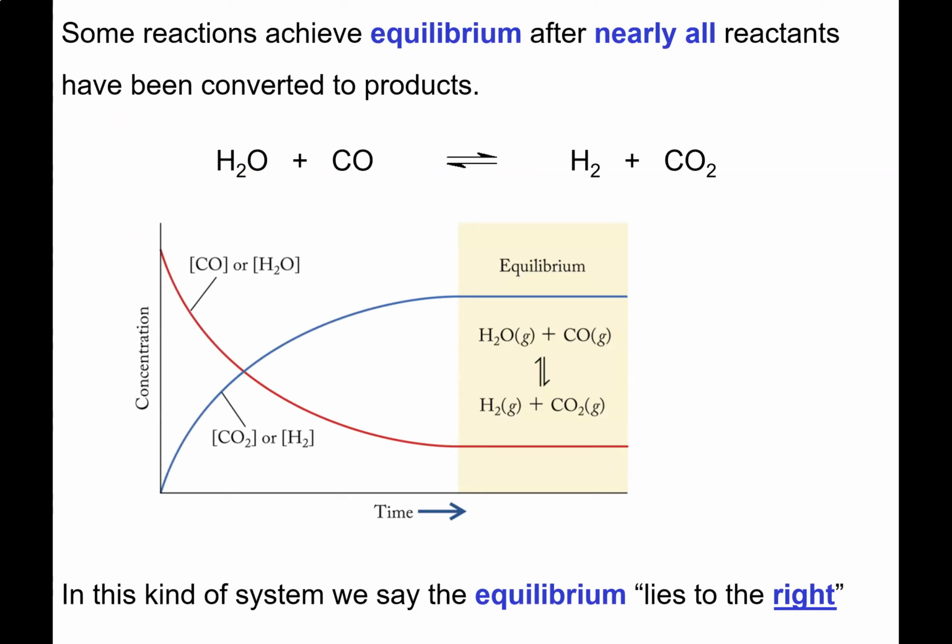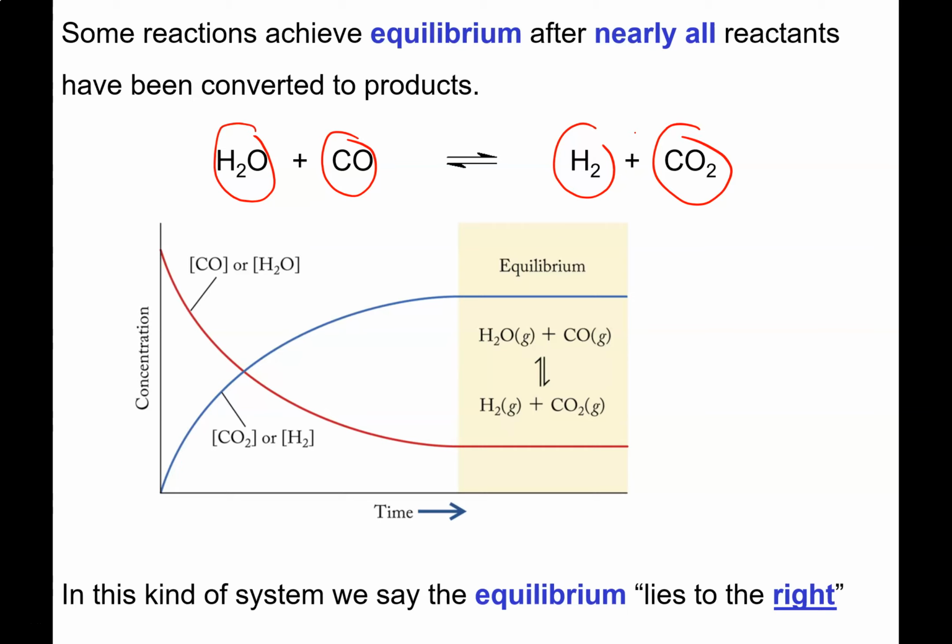So some reactions achieve equilibrium after nearly all reactants have been converted to products. What we're talking about is that by the time the rate of the forward reaction equals the rate of the reverse reaction, most of the reactants have been consumed. So here's a classic example of that. This is called the water-gas shift reaction. Water is reacted with carbon monoxide to produce hydrogen and carbon dioxide.